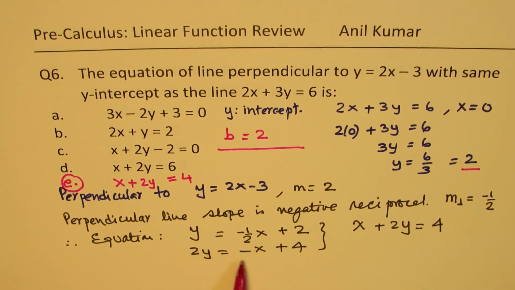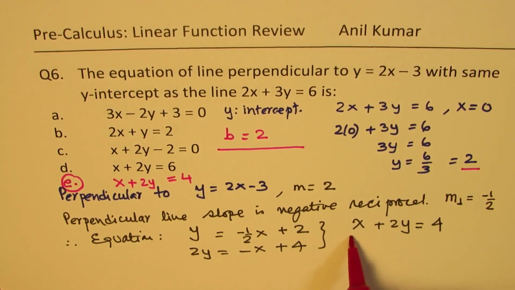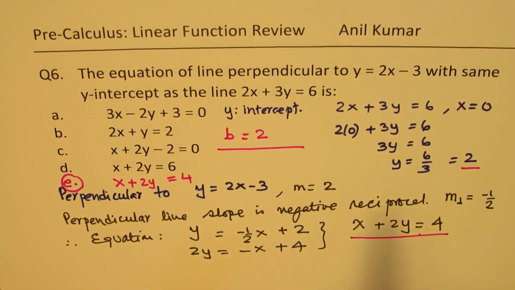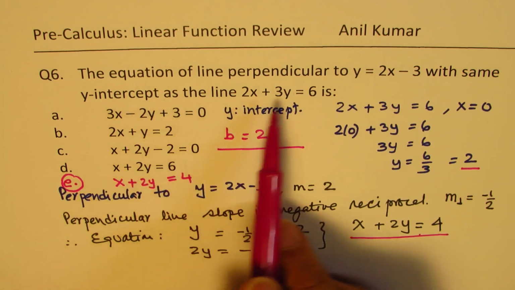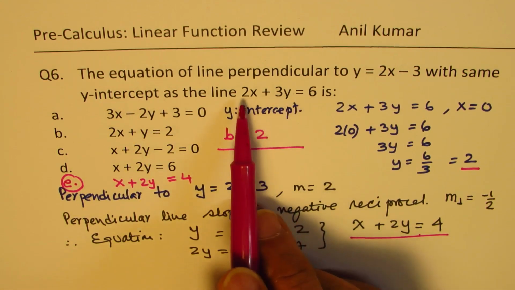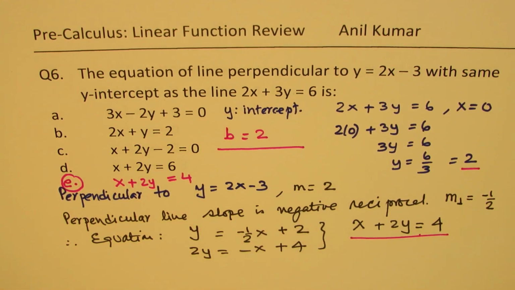So that is how you get the equation of a line which is perpendicular to the given line and has the same y-intercept as 2x + 3y = 6. So I hope that makes sense, right? Sorry for that error of not including the right answer here, which might have created confusion for many students.